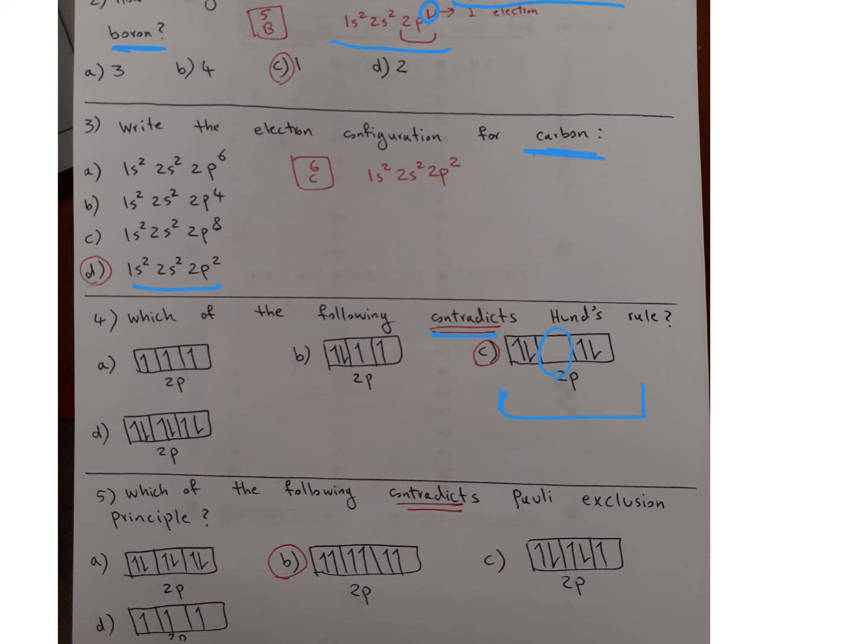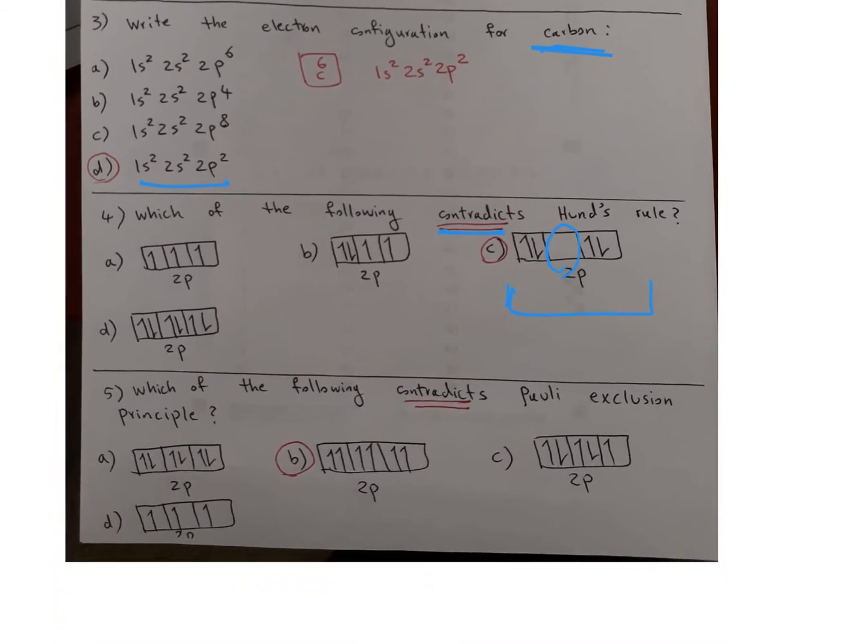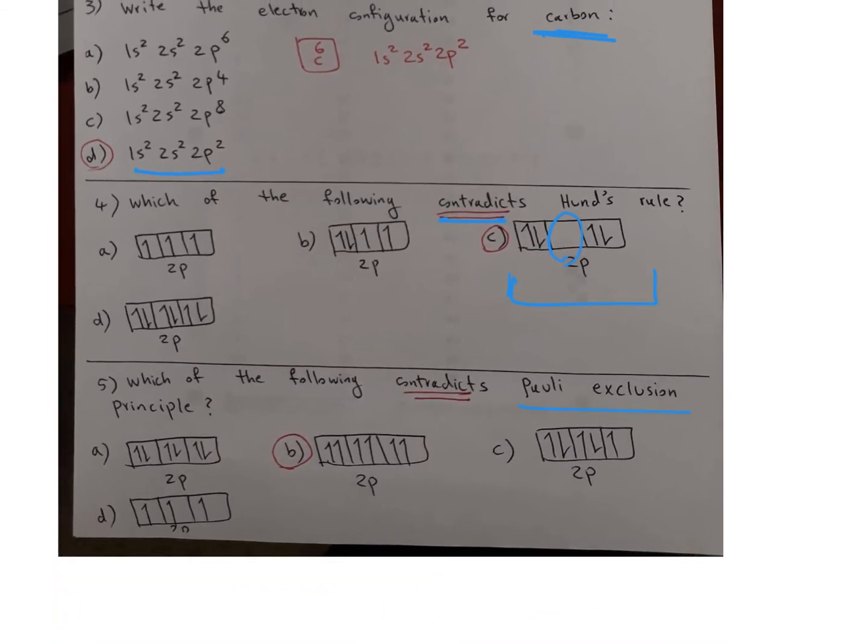Does that make sense to everyone? And the next one, Pauli exclusion principle. Can I have 2 arrows in one orbital both up? Can I? No, right? So this is wrong. Okay. Any question about these questions? Good?